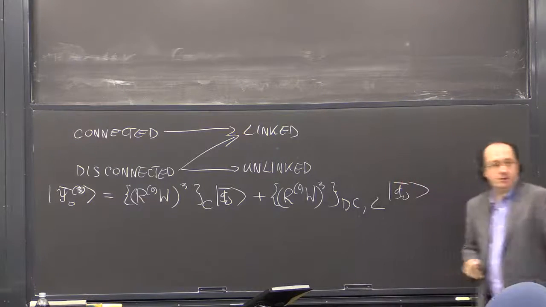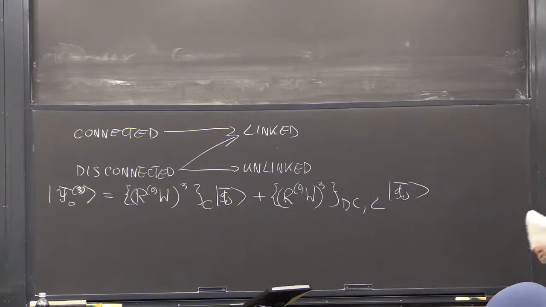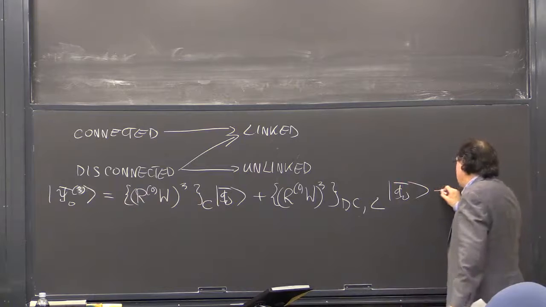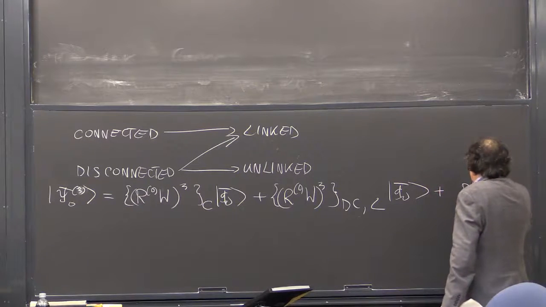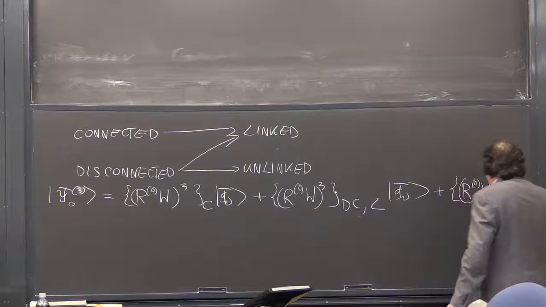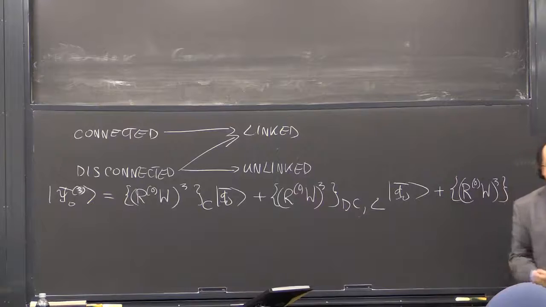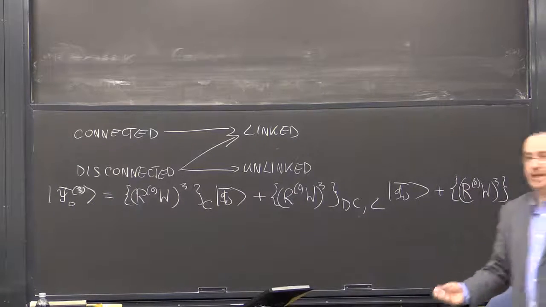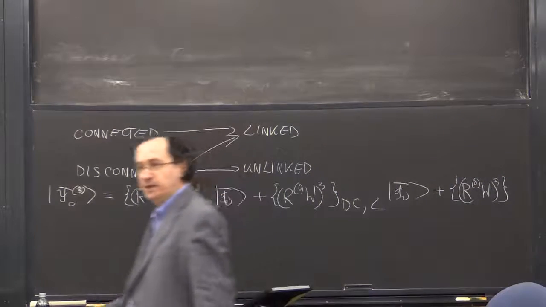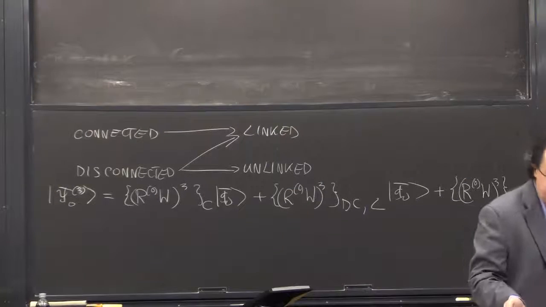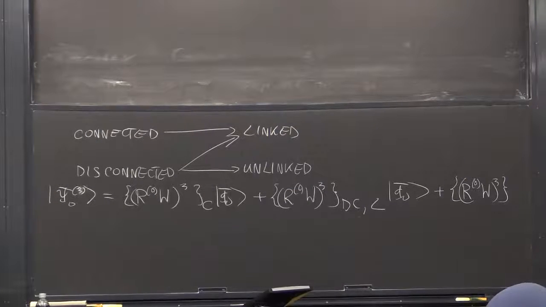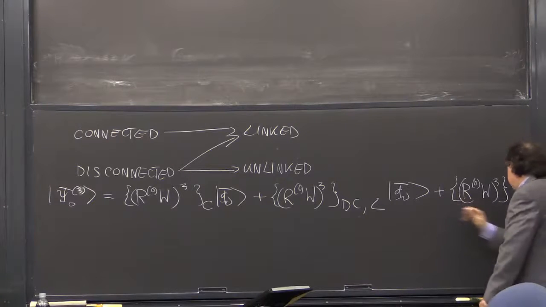Active Phi0 tells you all the lines going to the left, and then we also have unlinked diagrams. But you see here, I will not say disconnected and unlinked, because now I am saying too much. Unlinked is always disconnected, so all I need to say is unlinked. Is this clear? I don't have to say DC because it is DC.